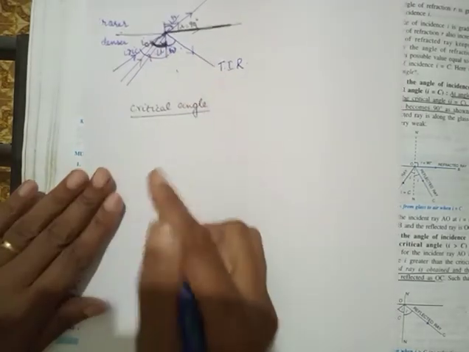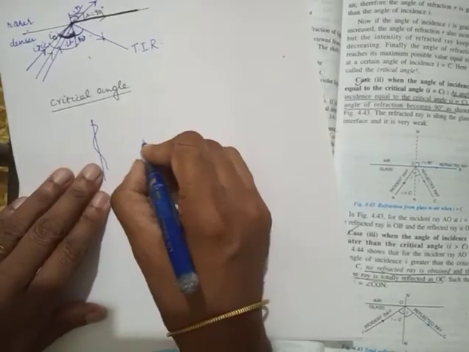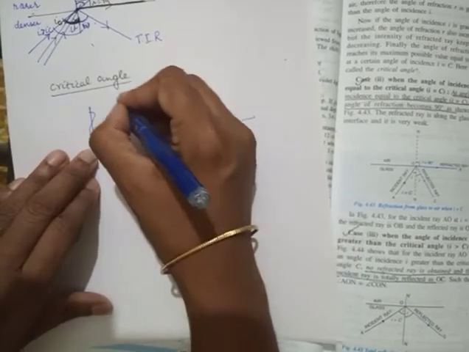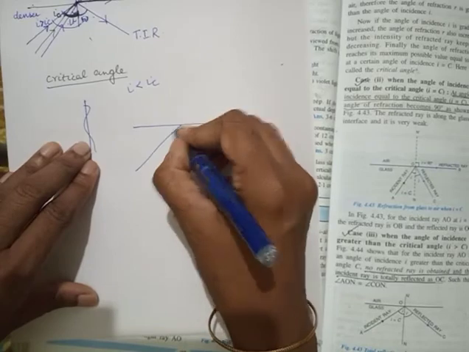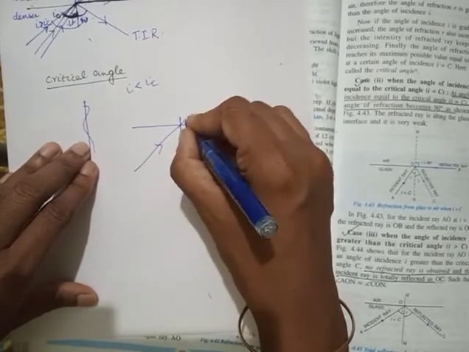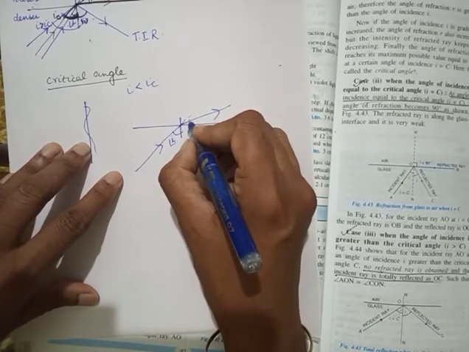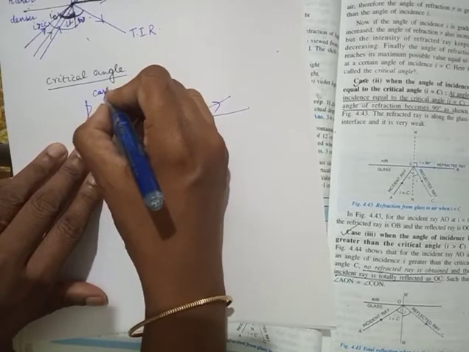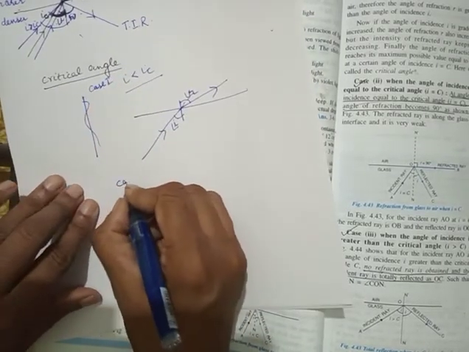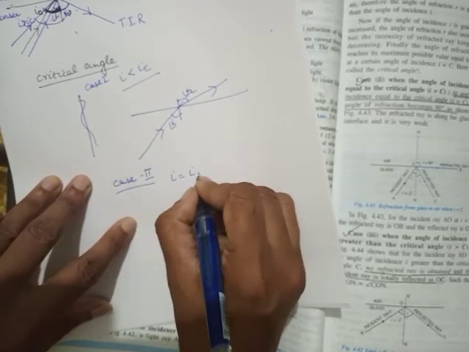So, we have three cases. Case 1, angle of incidence less than critical angle. Your incident ray will just bend away from the normal, and this is your angle I and this is your angle R. Case 2: I is equal to IC.